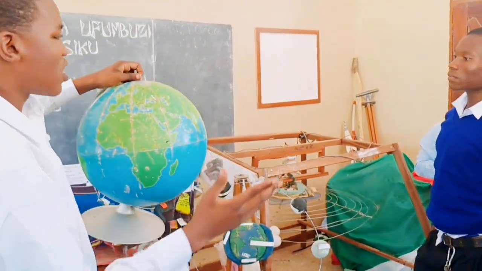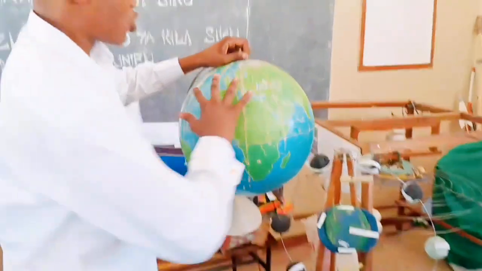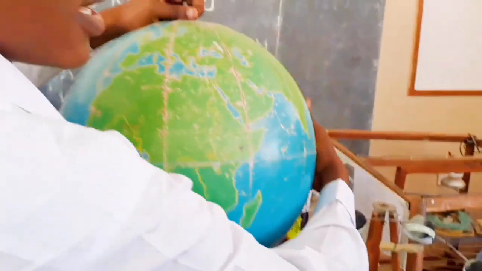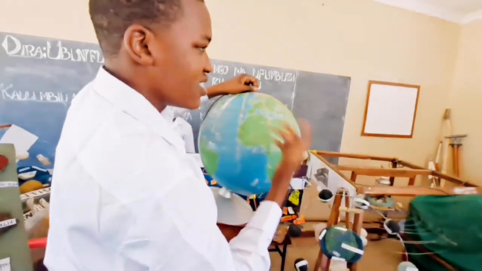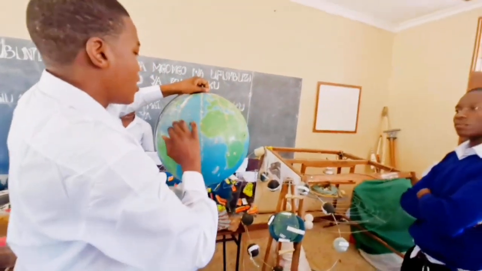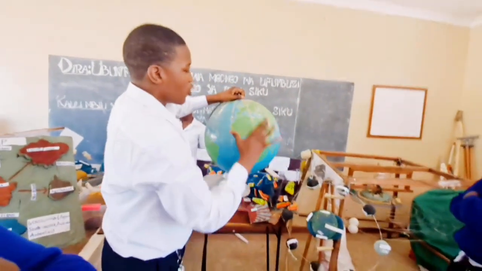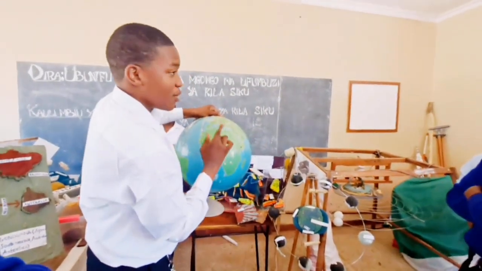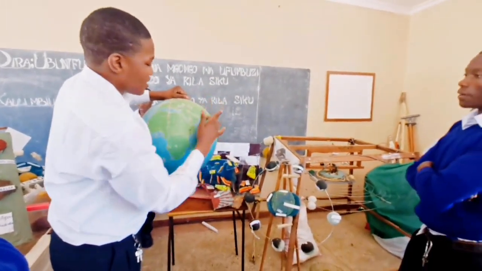So let's assume this Pangaea was a huge landmass surrounded by water. Imagine a big landmass surrounded by water. Let's assume this is not Pangaea, but let's assume this landmass is Pangaea.